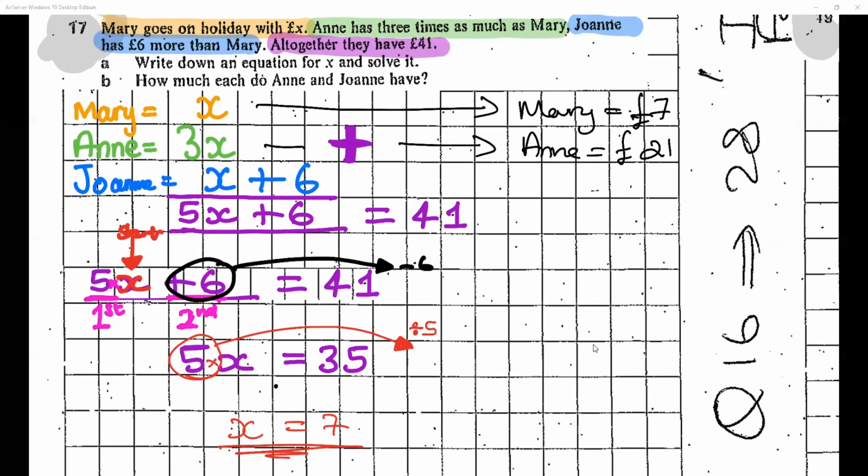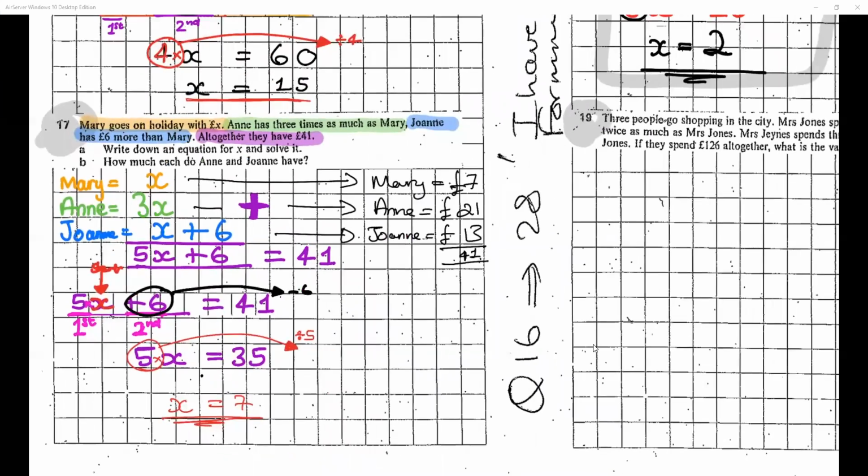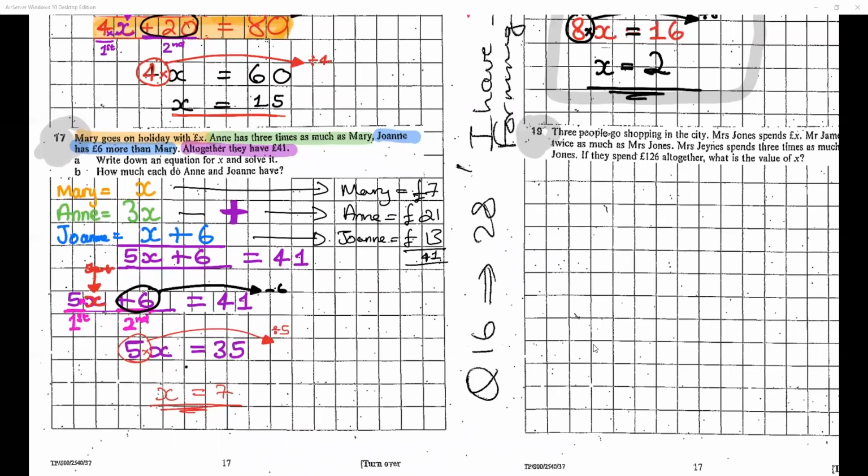And how much does Joanne have? £13, because 7 add 6. And how much do they have all together? 41. Done? Okay. So that's number 17 given help with.